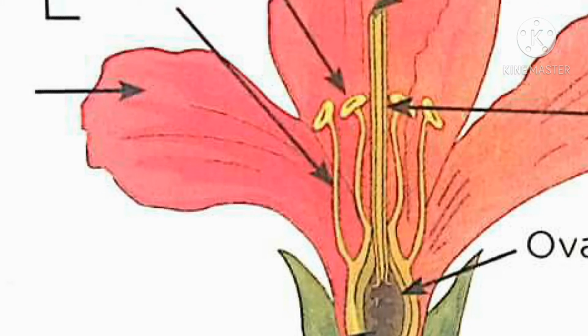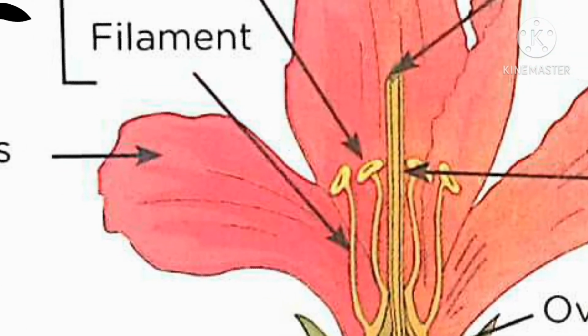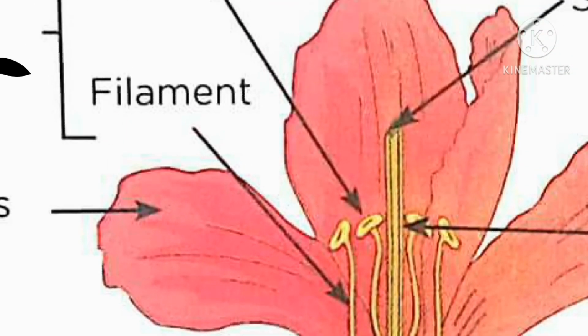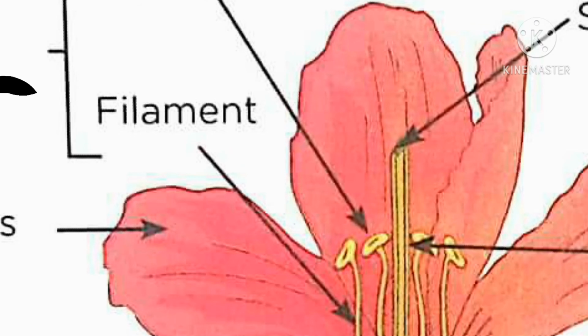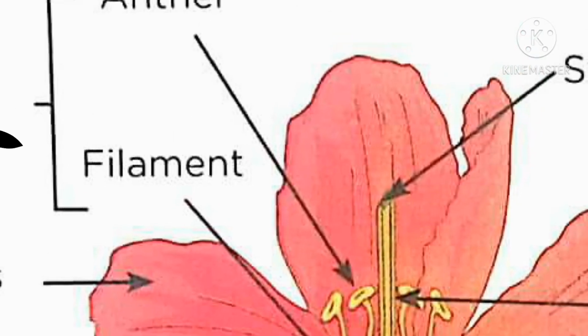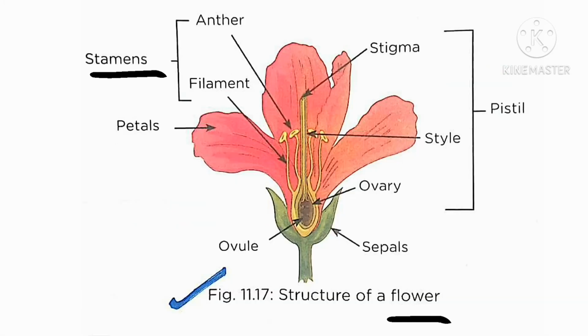This long line is known as the filament, right, and on top of it are sac-like structures. These sac-like structures are anthers. The anther is the part that holds the pollen sacs, and those pollen sacs hold the pollen grains.